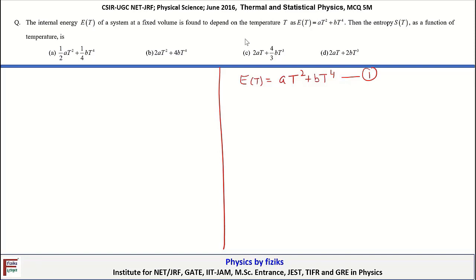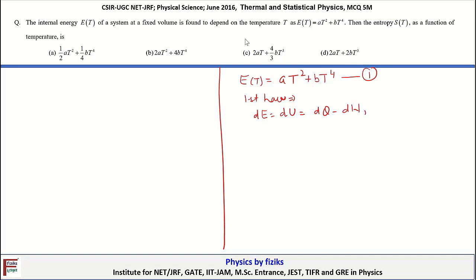In order to solve this problem, we will make use of the first law of thermodynamics, which implies dE, the change in internal energy, is equal to dq minus dw.